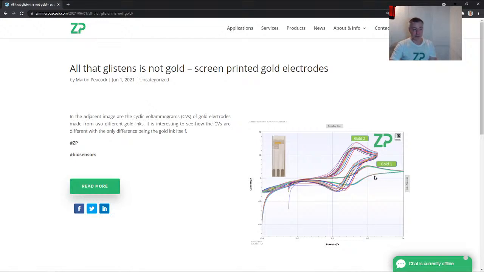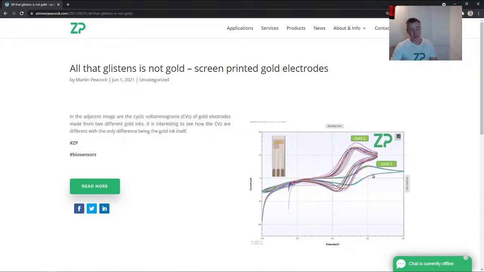The gold one, there's about 6 sensors here, and they're absolutely on top of each other, which I'm really proud of, because at Zimmer & Peacock there are so many people who are sometimes dismissive of screen printed electrodes because they order 50 screen printed electrodes from a company, they test them all, they're all wildly different, and therefore they think, oh, that's the problem with screen printed electrodes. No, that's just a problem with that manufacturer.